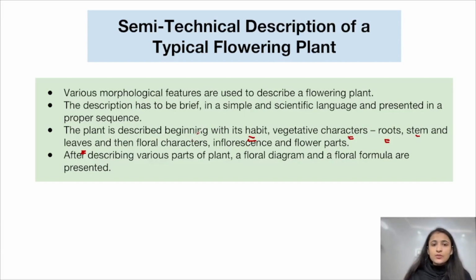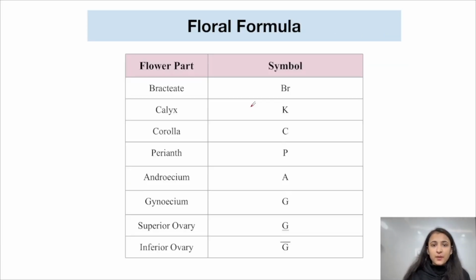At last we come to the floral characters, the inflorescence and everything about the flower and its parts. After describing various parts of the plant, we present the flower in the form of a floral diagram, and the floral formula is also mentioned. So this comprises a semi-technical description of a typical flowering plant.